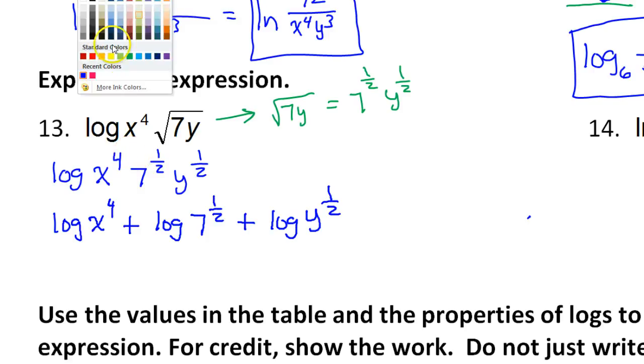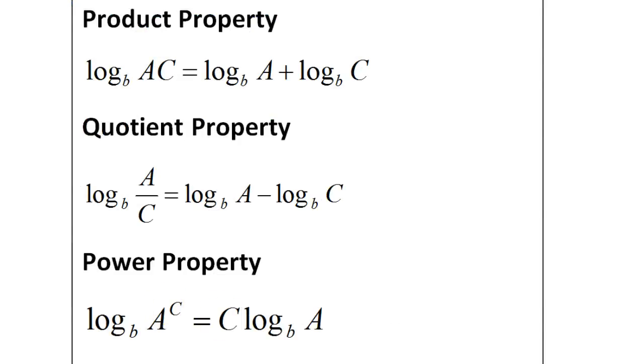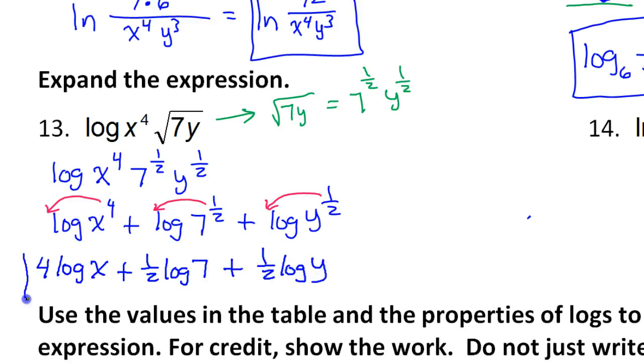Now all these powers are going to end up as coefficients in the front according to the power rule. So that's why the final answer will be 4 log x plus 1/2 log 7 plus 1/2 log y. That will be your final answer.